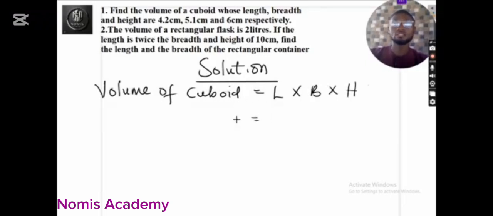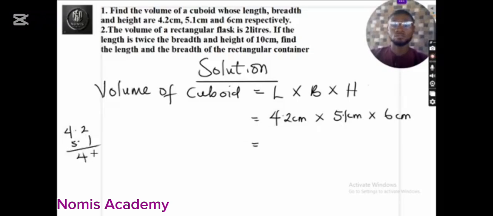The length, since it is respectively, is 4.2 centimeter multiplied by 5.1 centimeter multiplied by 6 centimeter. So by the side, let's do 4.2 multiplied by 5.1.